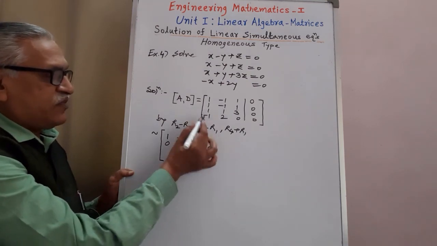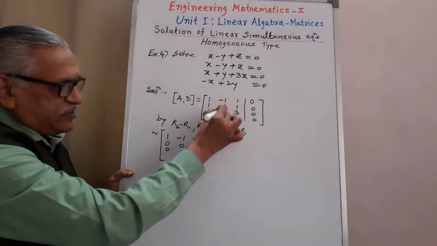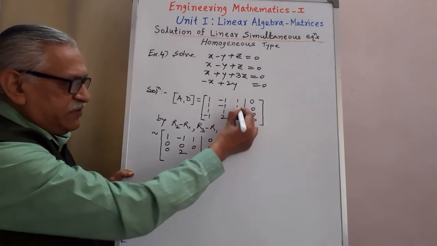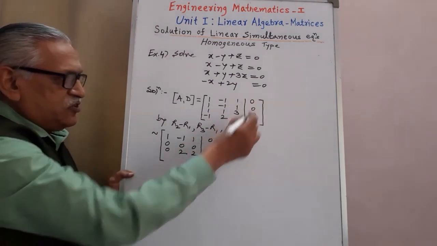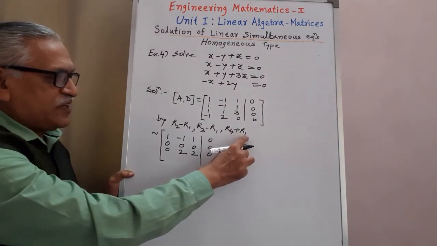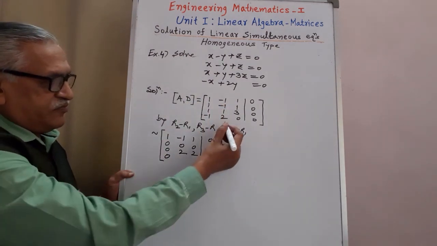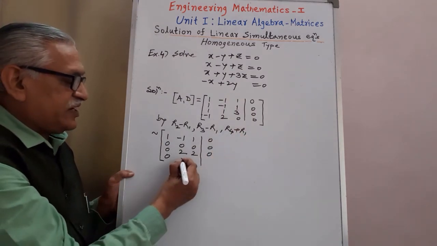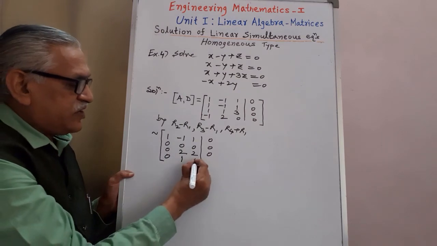Then R3 minus R1: 1 minus 1 we get 0, 1 minus minus 1, 1 plus 1 we get 2, 3 minus 1 we get 2, 0 minus 0 we get 0. Then R4 plus R1: minus 1 plus 1, 0, 2 minus 1 we get 1, 2 minus 1 we get 1, and 0 plus 1 we get 1 here.